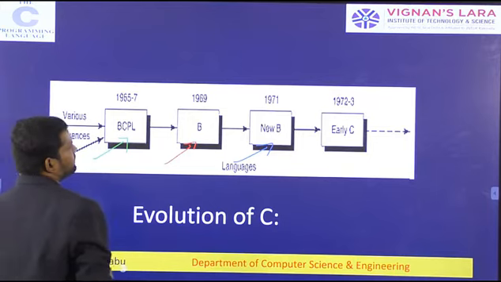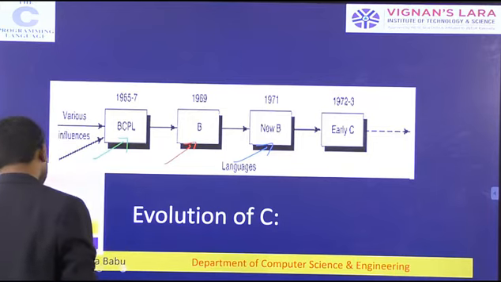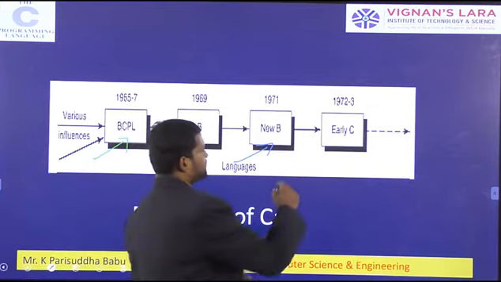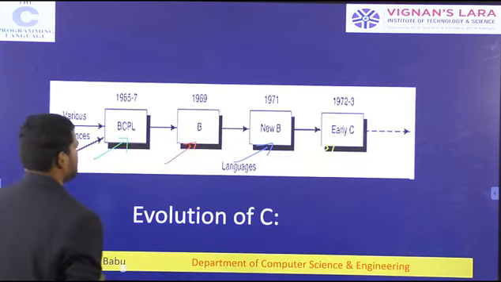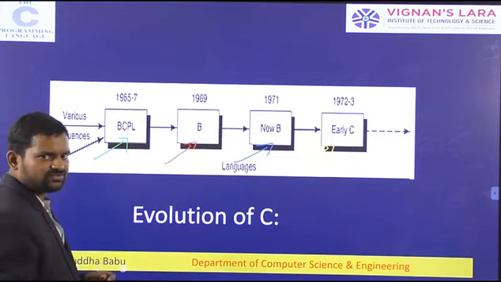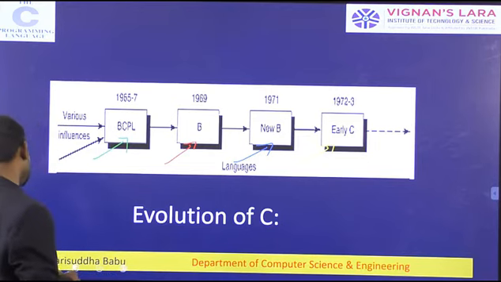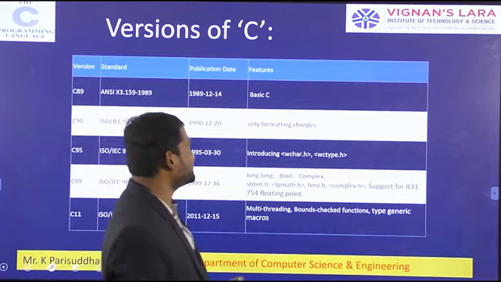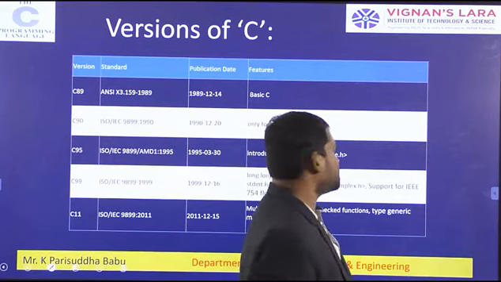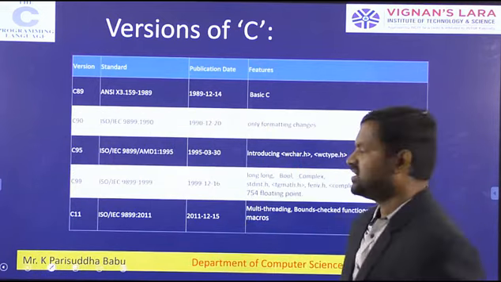After New B, the particular system was developed with the early C language. Likewise, each and every aspect of a language will be developed with the previous techniques also. Versions and standards, publication features of the particular systems.